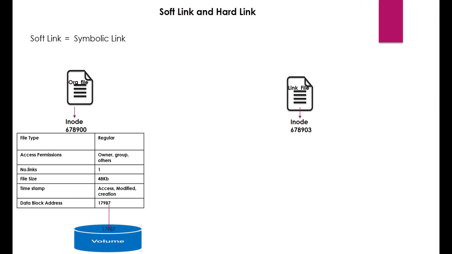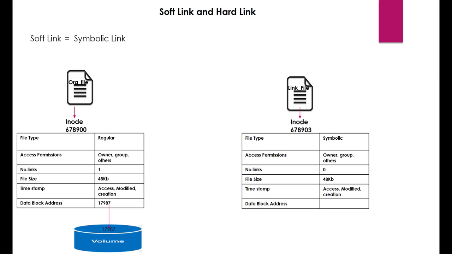An original file is just like any other regular file, which has an inode number pointing to an inode table, and it will also have a data block address which points to the storage device. The link file also has a different inode number, with some slight changes in the inode table, where the file type is symbolic and it will not have any data block address in the inode table.